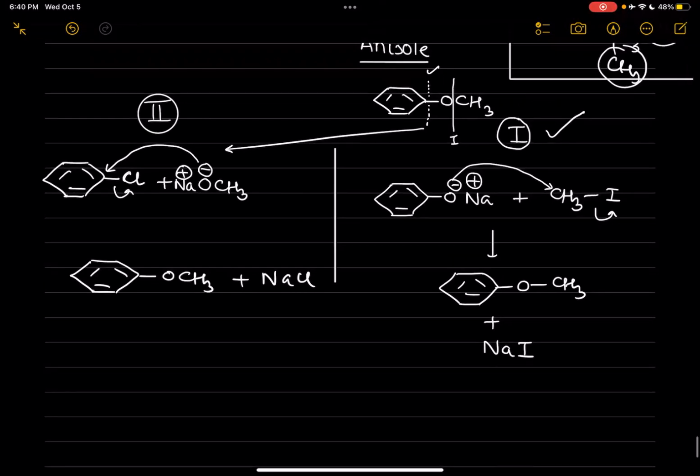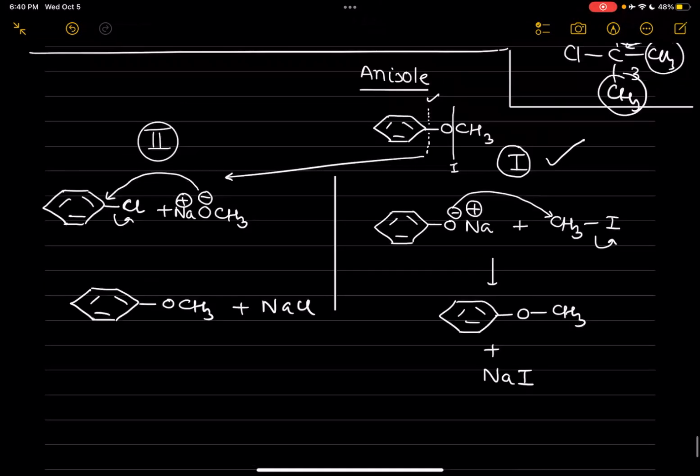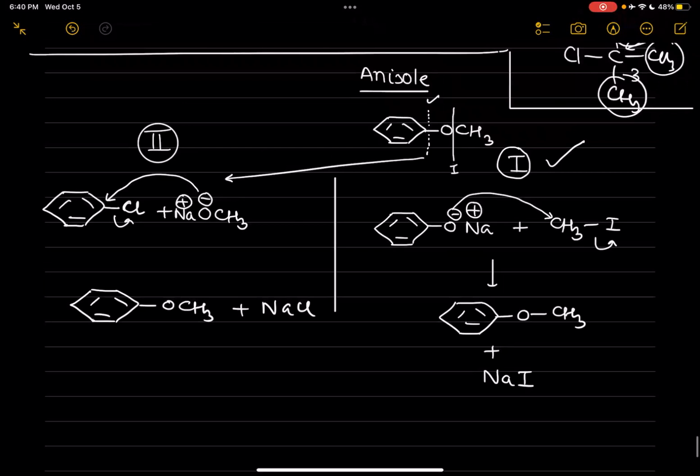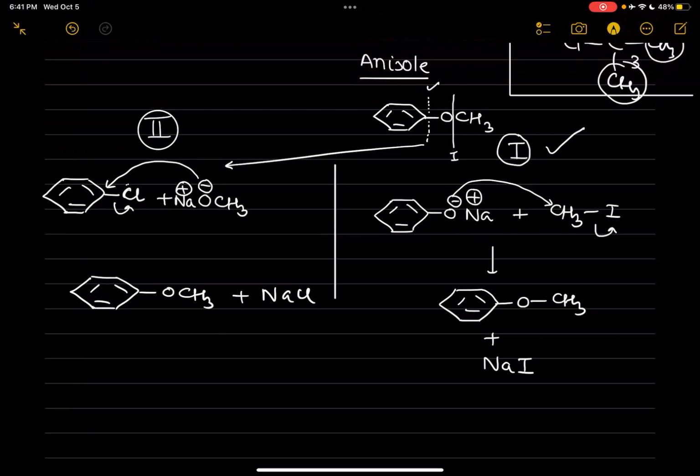The bond which is difficult to break will be the carbon chlorine bond. The lone pair of the chlorine will try to overlap with the benzene ring electrons, the double bond electrons, and by this the carbon chlorine bond acquires partial double bond character.